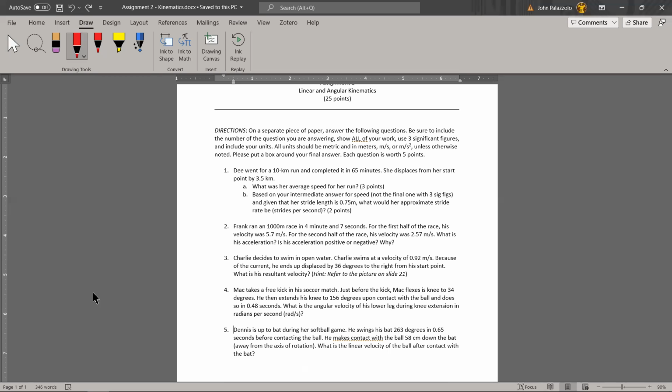Generally, if we're looking at running, walking, anything like that, bipedal locomotion, so gait, running gait, we say that speed is equal to stride length, SL, multiplied by stride rate, S for stride, R for rate.